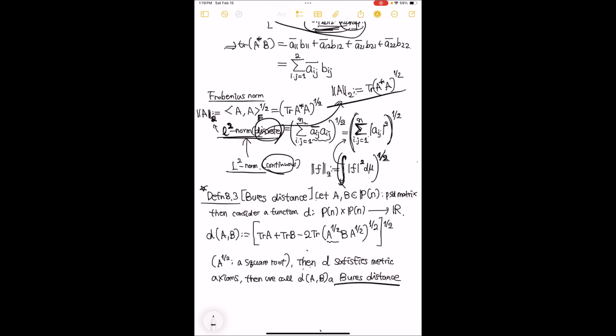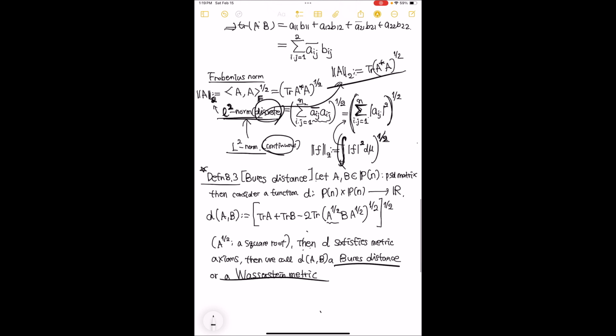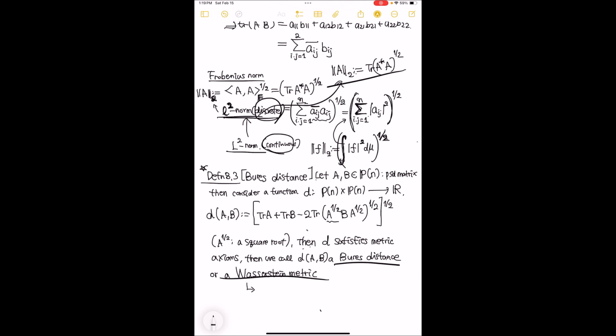Okay, that is this type of distance. But an interesting point is that there is another alternative name, the Wasserstein metric. That is interesting because, as I taught in a previous lecture and this lecture, that is related to optimization and optimal transportation.